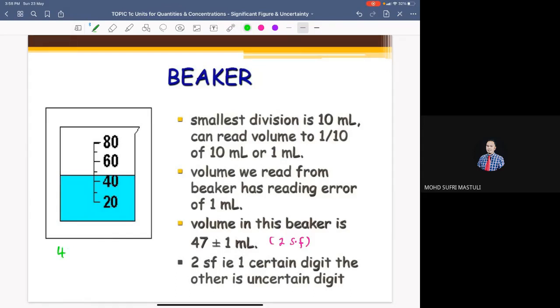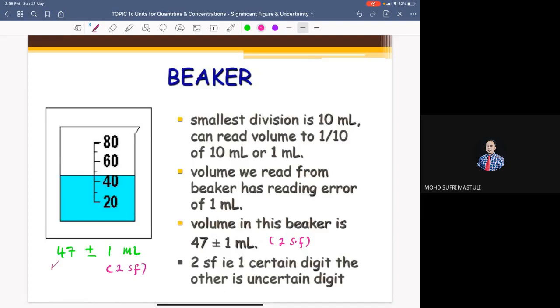So in this case, we write it as 47 plus minus 1 ml. So they have two significant figures.